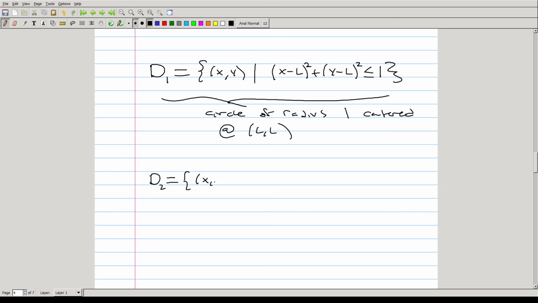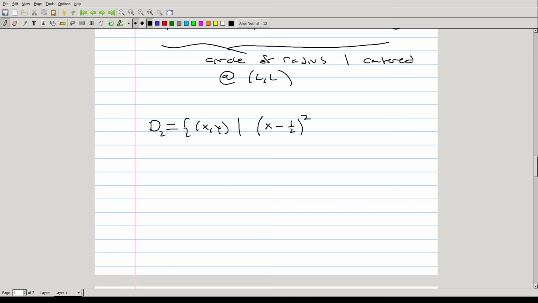This is all points x, y, say, such that (x - 1/2)^2 plus (y / (1/2))^2 is less than or equal to 1.